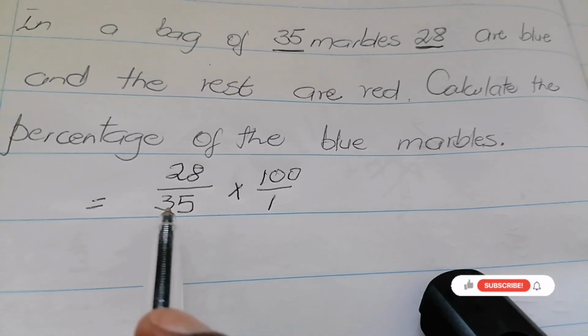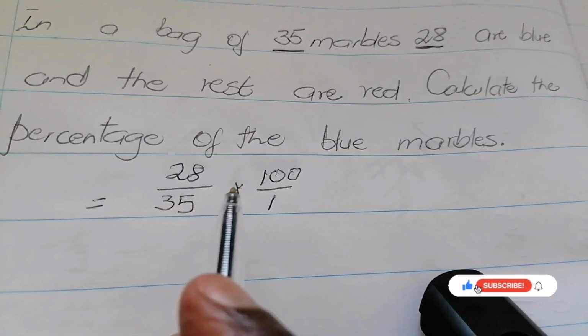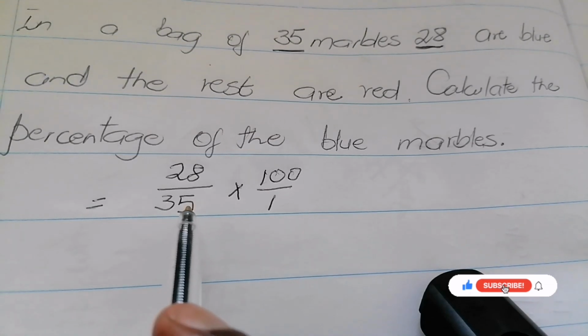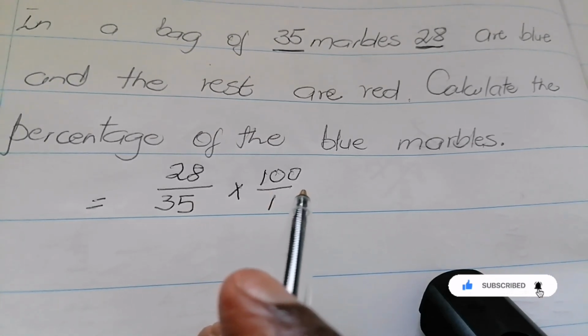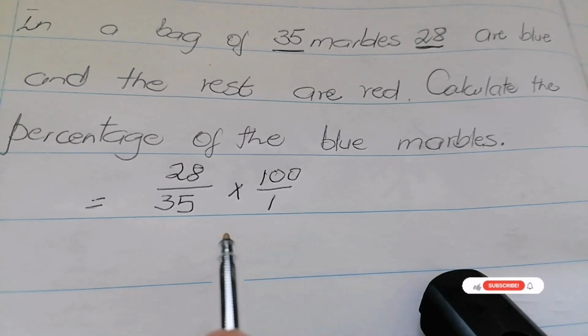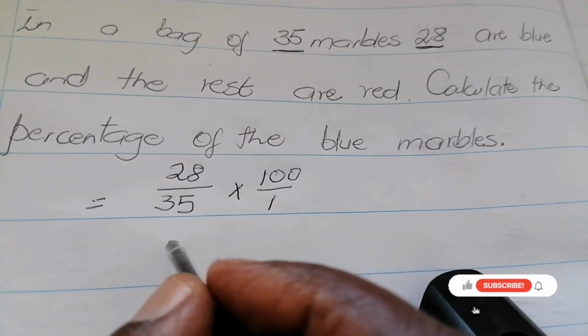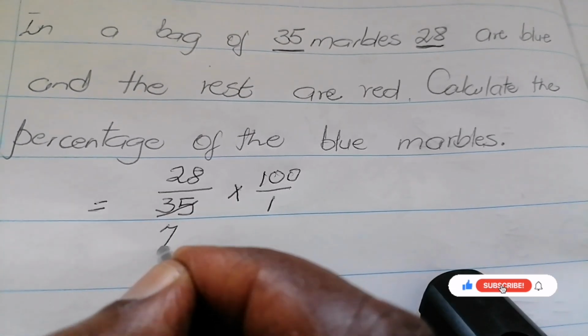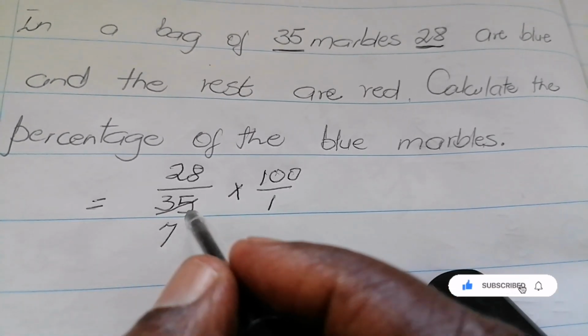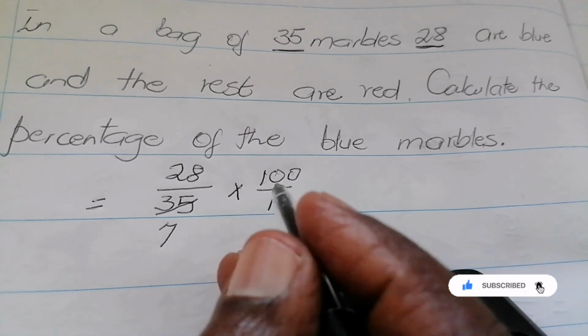How many 5s go into 35? 5, 10, 15, 20, 25, 30, 35. 7 times. 5 goes into 35 7 times.